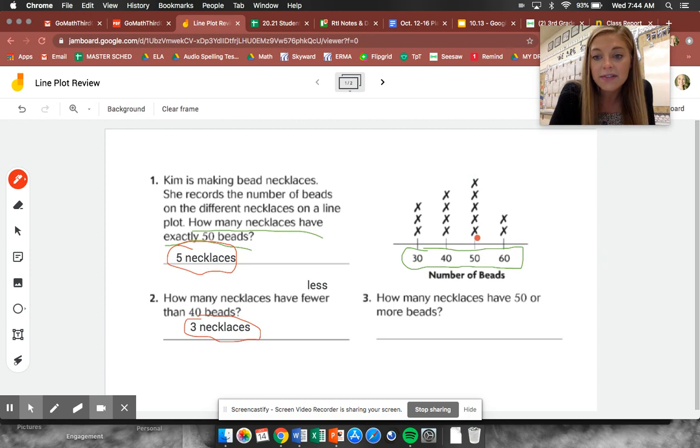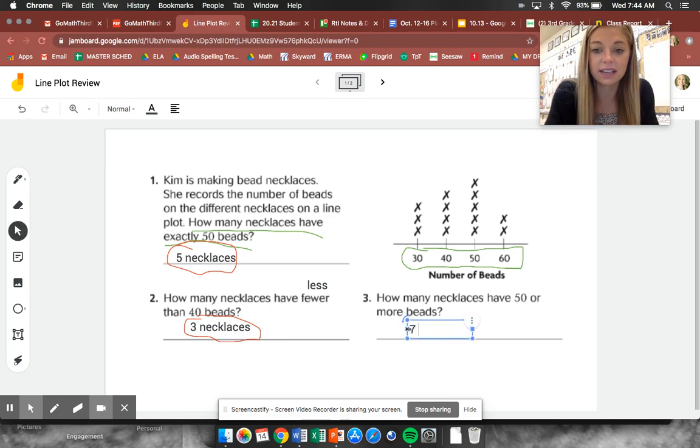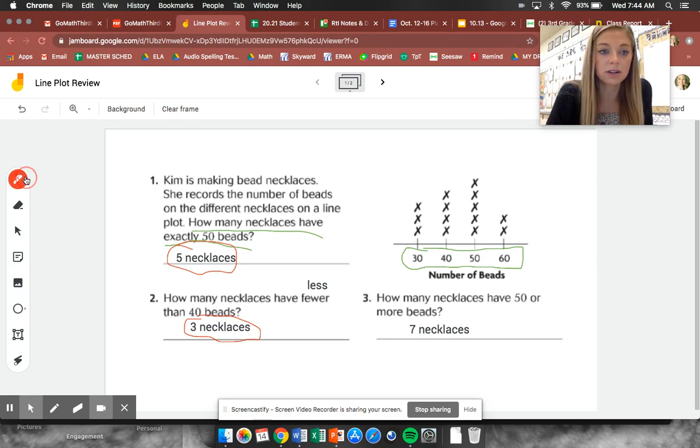So it's 5 plus 2, and that is 7. So 7 necklaces have 50 or more beads. And I'm just going to circle my answer here.